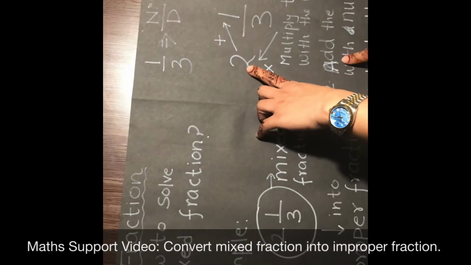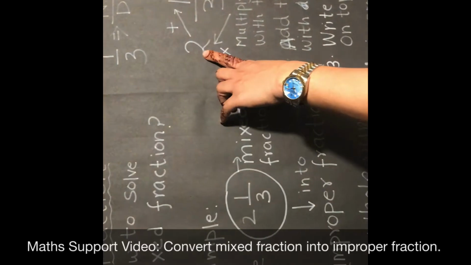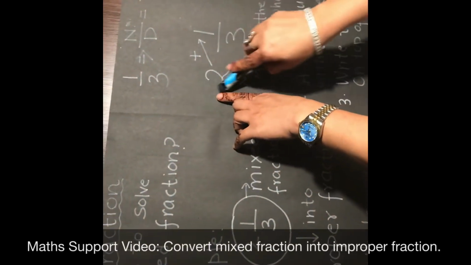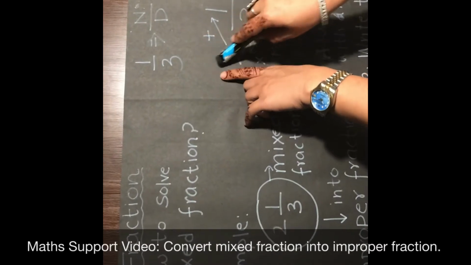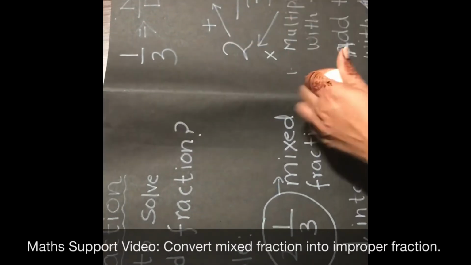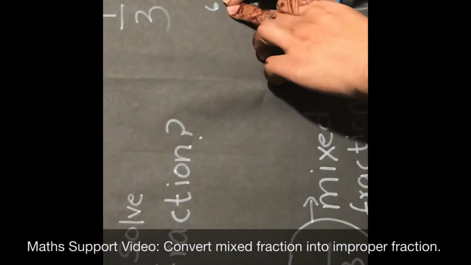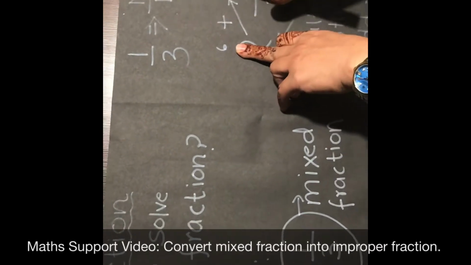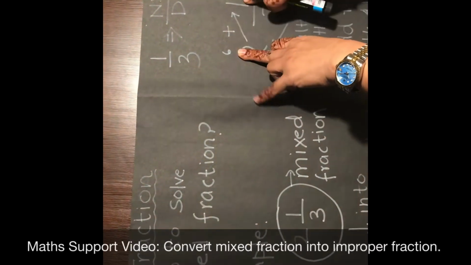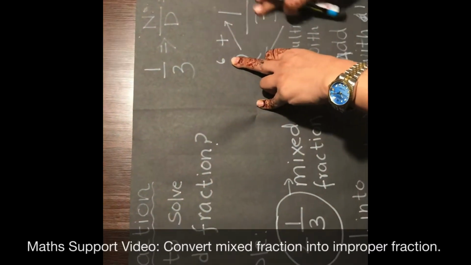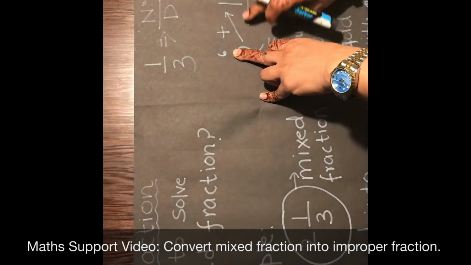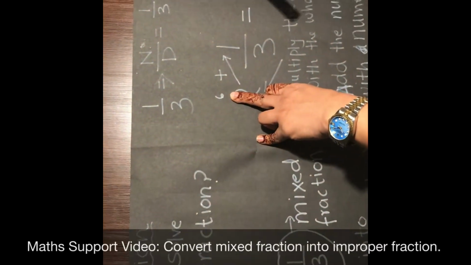Second step, add the number to the numerator. 3 multiplied by 2 is 6, and this 6 will be added to the numerator, and whatever answer we get, we will write on top of the denominator.